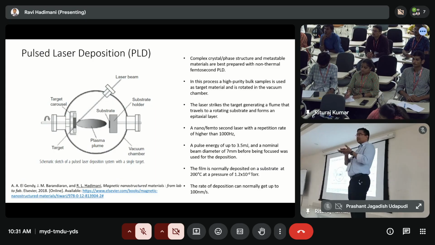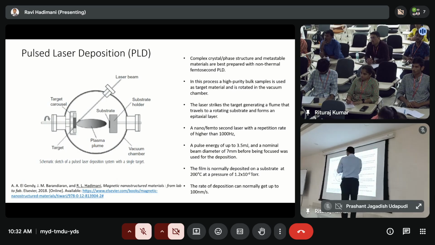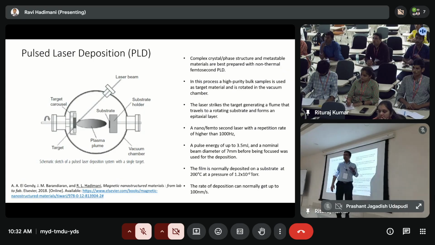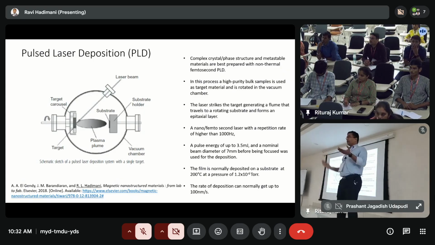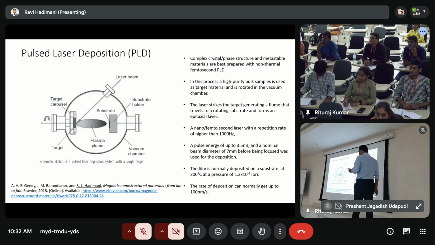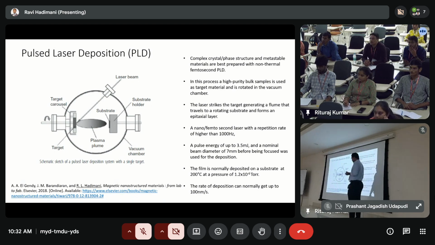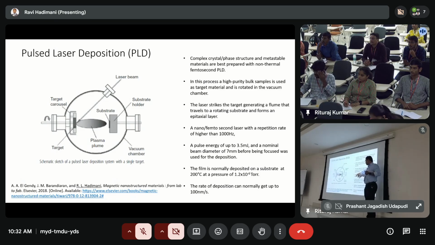Which means there is no temperature change, so it's done at a lower temperature. You are basically using charge to ablate, or knock off, the atoms. Nanosecond laser is high temperature, femtosecond laser is low temperature.